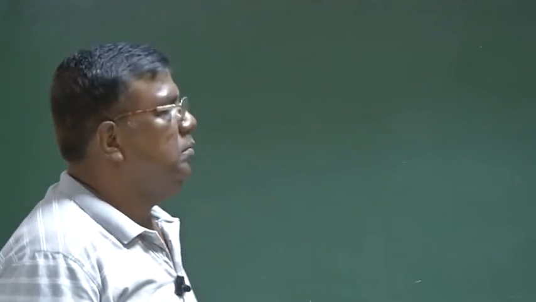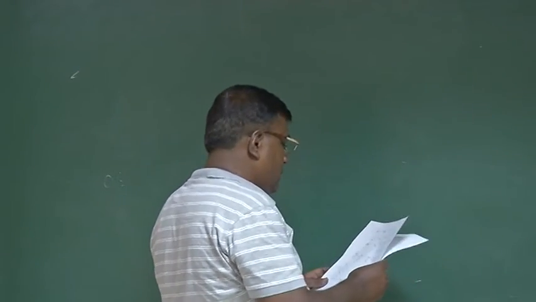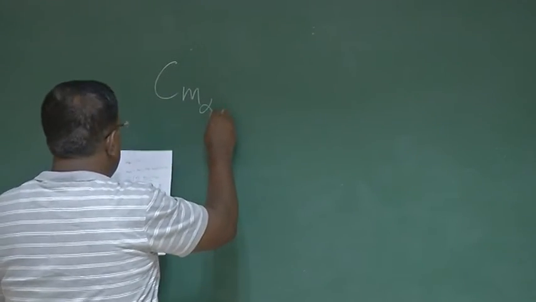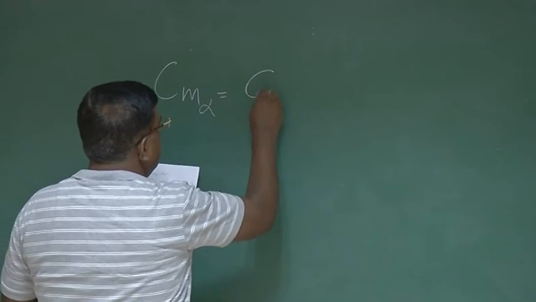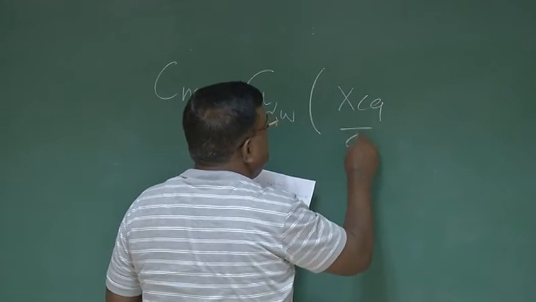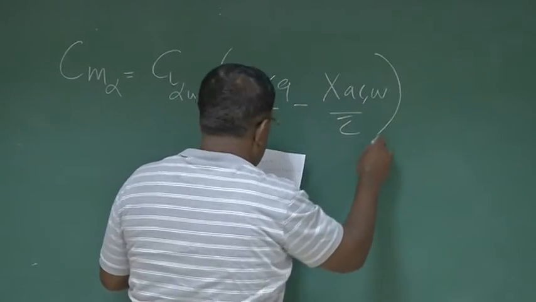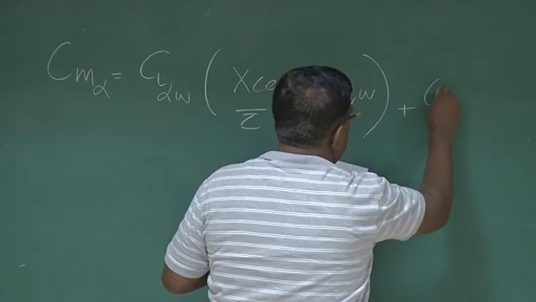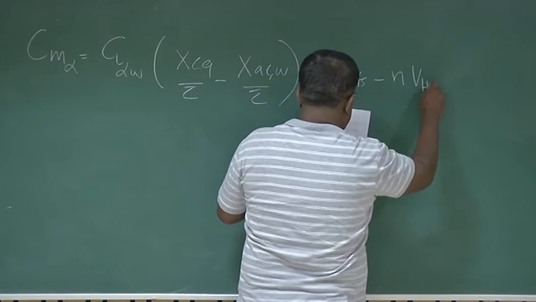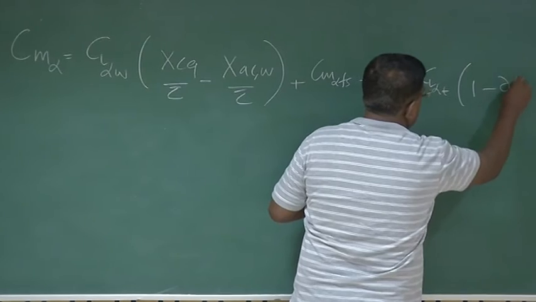Okay. So to understand that, let us do a little reappreciation of the expressions, and we'll try to get an additional designer's perspective. You know, Cm alpha wing is xCG by C bar minus xAC wing by C bar plus Cm alpha fuselage minus eta VH CL alpha tail into 1 minus d epsilon by d alpha.